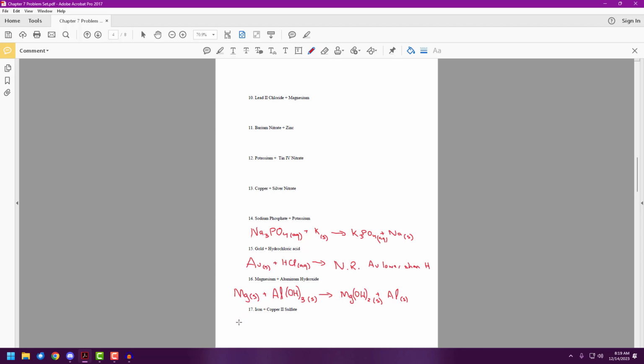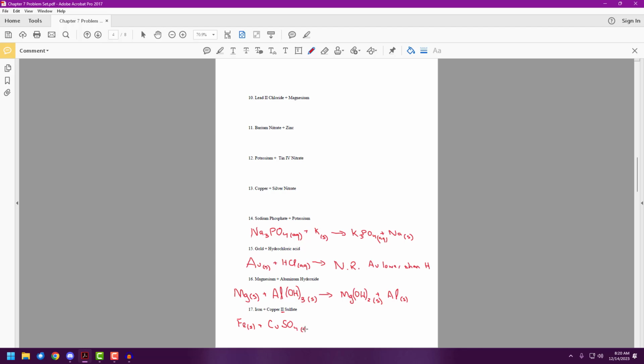For the last one, number 17, we have iron and copper 2 sulfate. Iron is Fe, and it's a solid. Copper 2 sulfate means we have copper and sulfate ions. Copper 2 means that this copper is +2, sulfate is -2. +2 and -2 cancel, so just CuSO4.